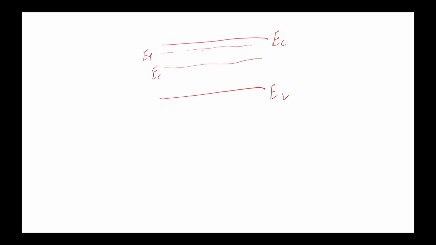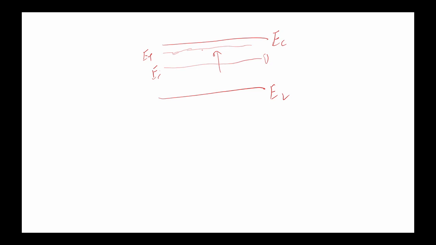If the trap state is far from the intrinsic Fermi level Ei, we are talking about the intrinsic semiconductor in this case.